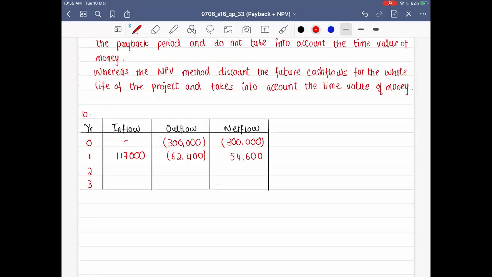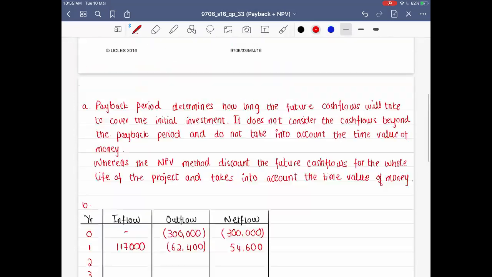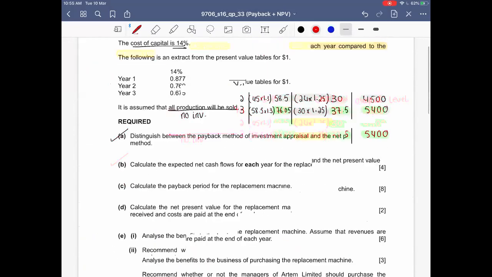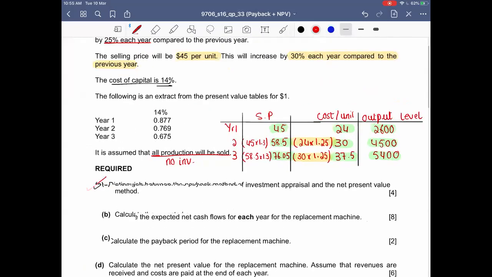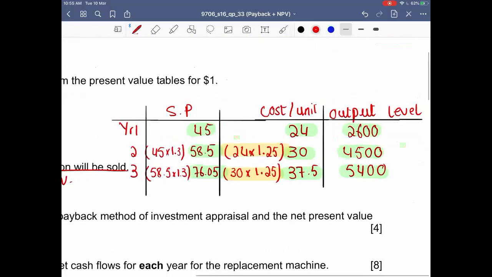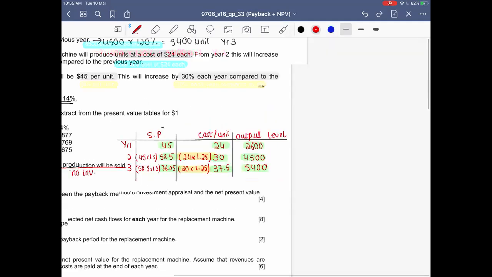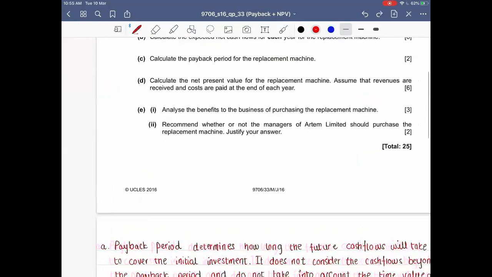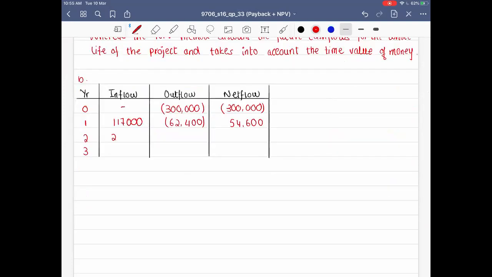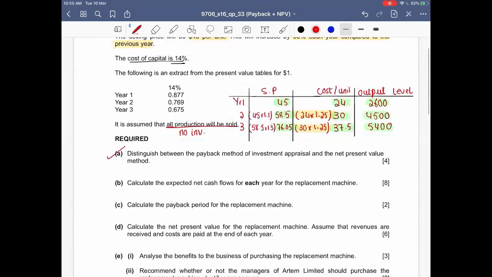Next, year 2 के अंदर inflow. What is going to be our inflow? How many units are we producing now? So we are producing 4,500 units, multiplied by selling price 58.5. That is 263,250. And outflows is 4,500 multiplied by 30.